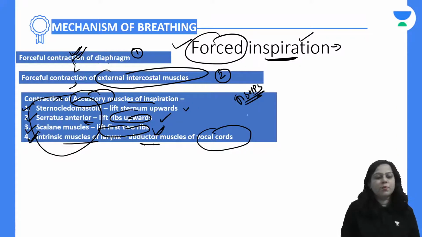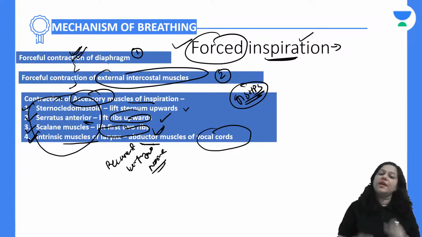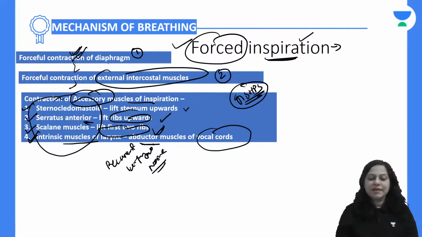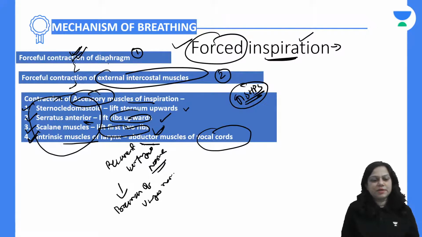There will be opening of the glottis, and it is supplied by, this is very, very important, the recurrent laryngeal nerve, which is a branch of the vagus nerve, right?